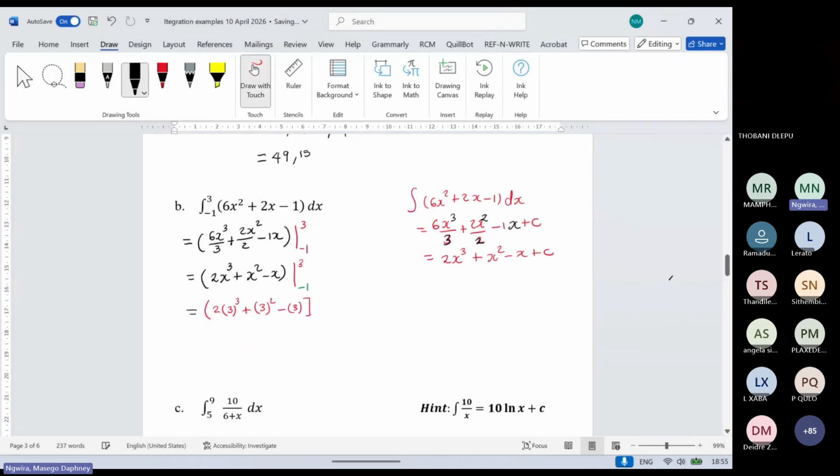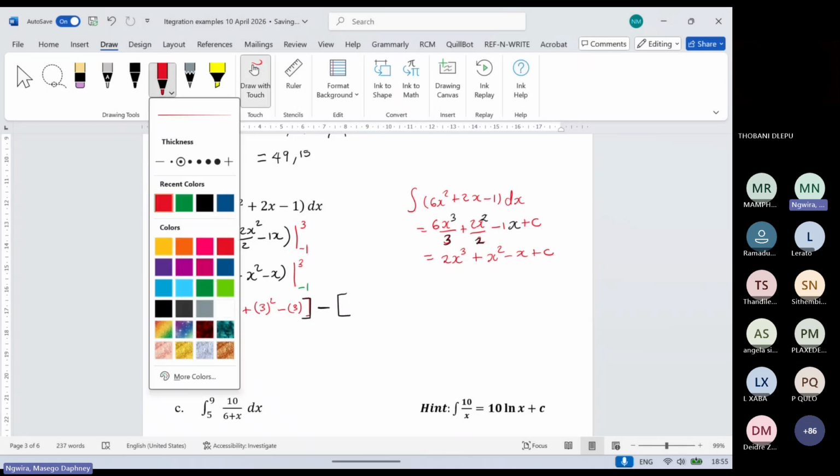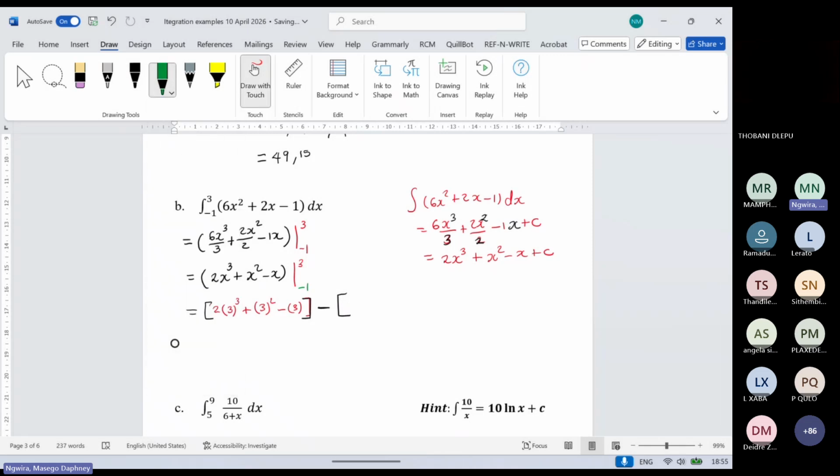So this is going to be minus, then now we go to the green one, using the negative 1. So it's going to be 2 times negative 1 to the power of 3, plus negative 1 to the power of 2, then minus negative 1.